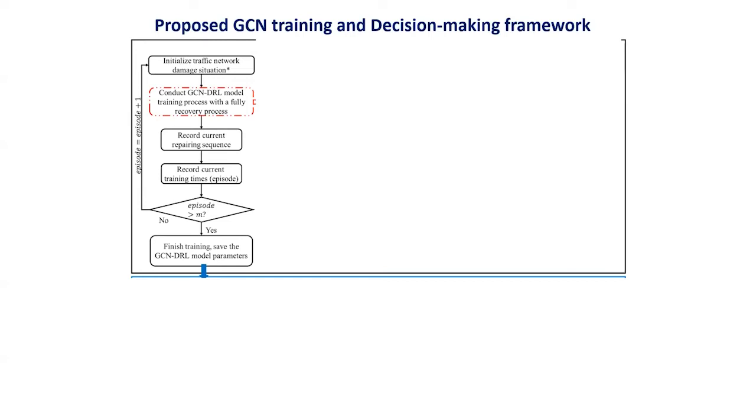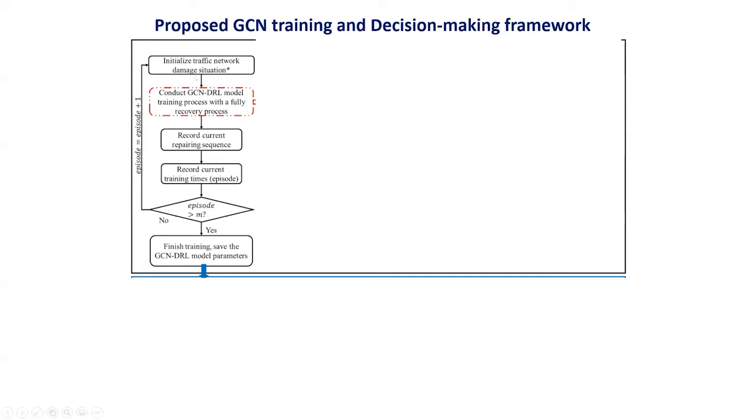We record the repairing sequence and the current training times. After the training times exceed the predefined number, we say, okay, we are pretty satisfied with the training process, and we end here.